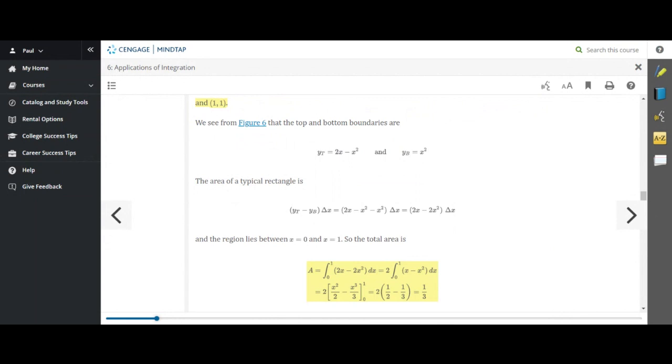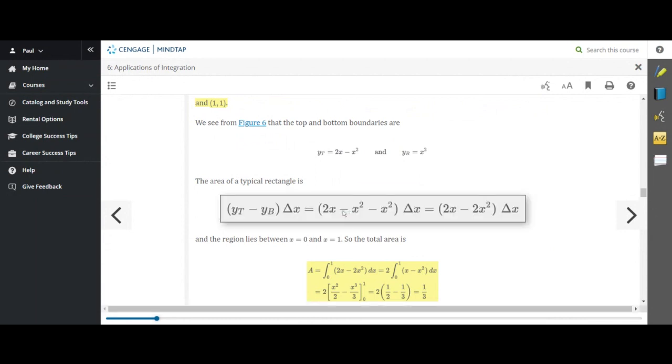The top function is 2x minus x squared. The bottom function is x squared. If you subtract the bottom from the top, 2x minus x squared minus x squared, you're going to get 2x minus 2x squared.